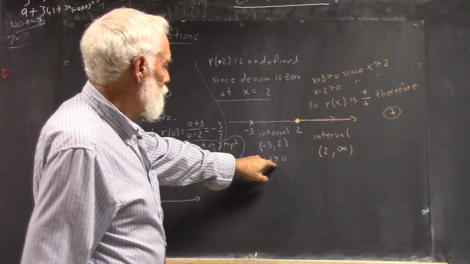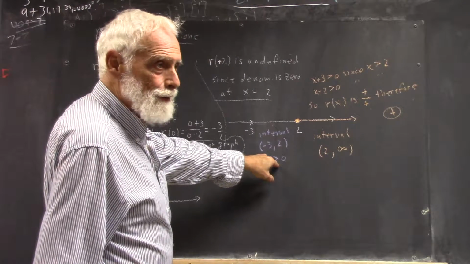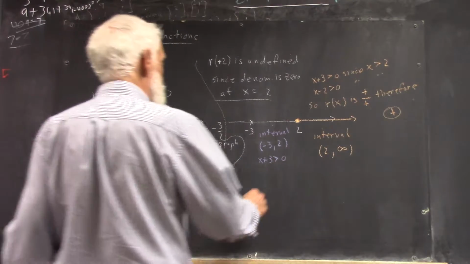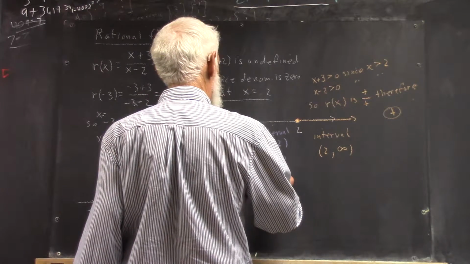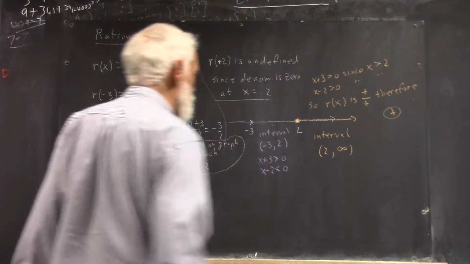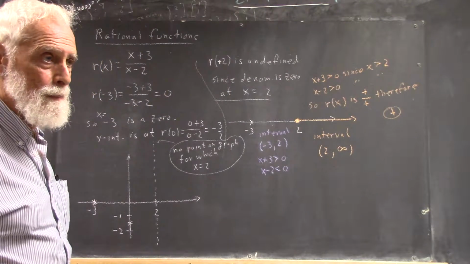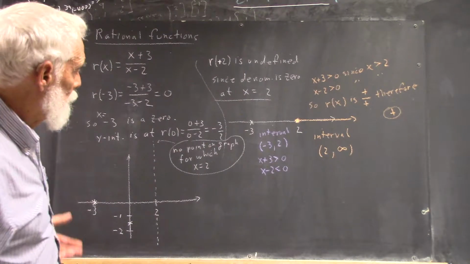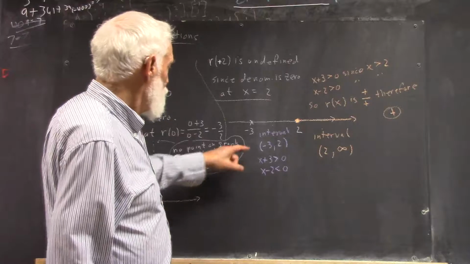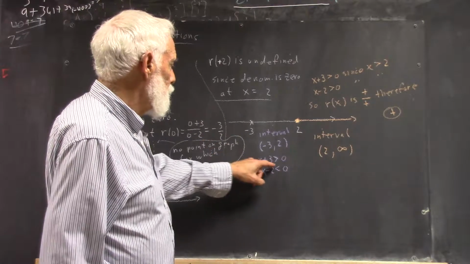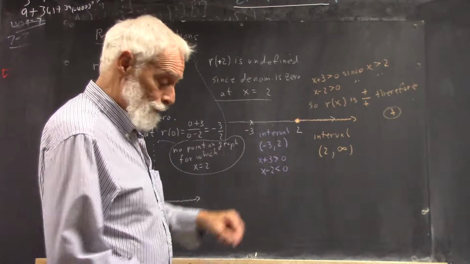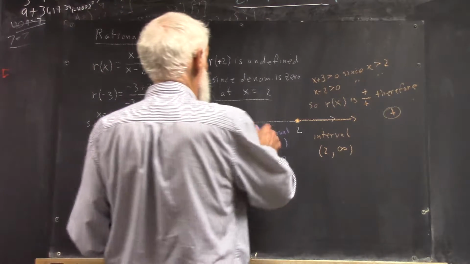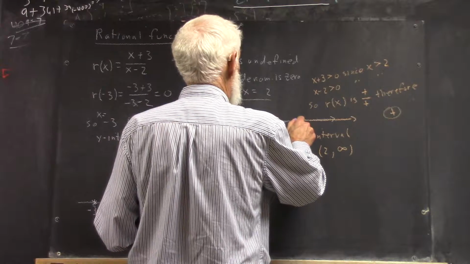Because in order for x plus 3 to be 0 or less, x has to be -3 or less, right? And x minus 2 is less than 0. Okay? And you can look at the endpoints. Okay? If x equals -3, then x plus 3 equals 0. But we don't include -3 on the interval.